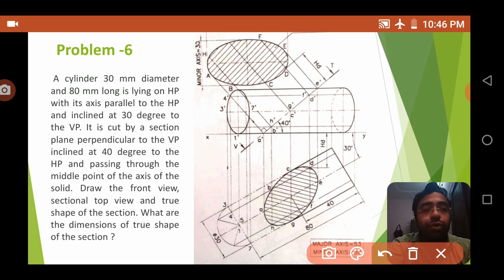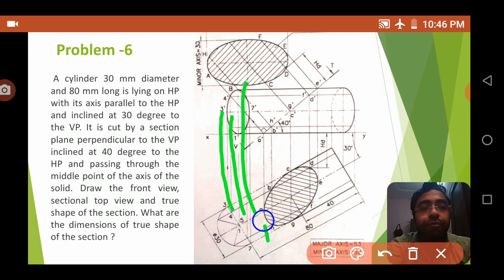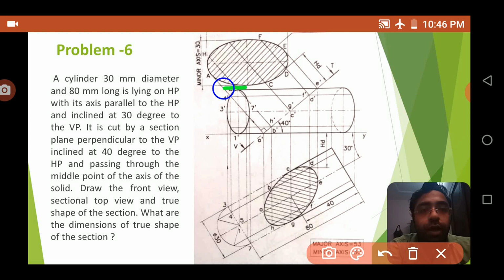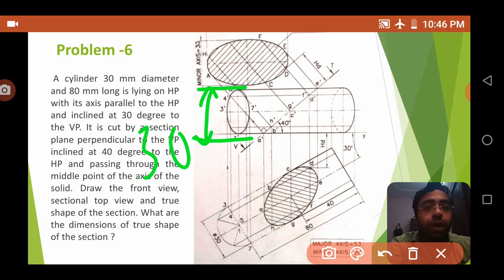Now we draw corresponding vertical lines from every point, and you take the height as 30, because its diameter is 30, measured from the xy line. Now you mark the points 3 and 7, and the corresponding fourth points here and here.